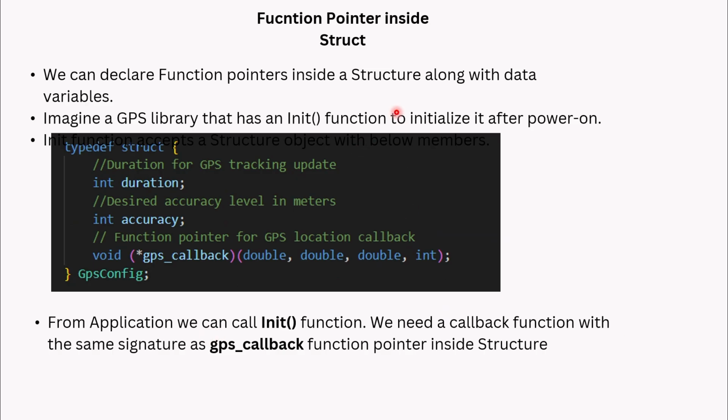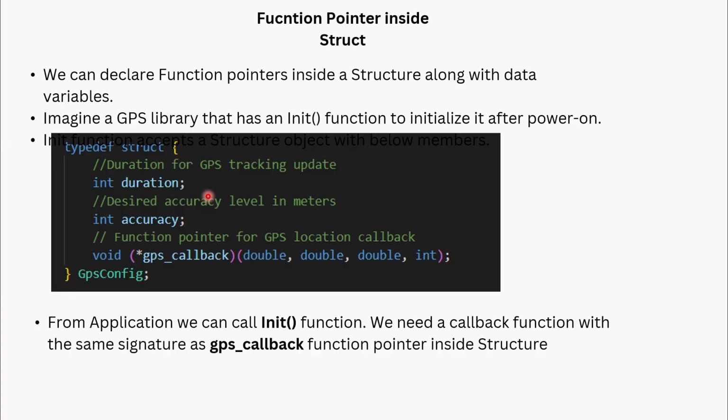You can also have a function pointer inside a structure. For example, here there is a structure where, for example, you have a GPS library. In the GPS library, you have a structure to initialize your library. The declaration is like this.